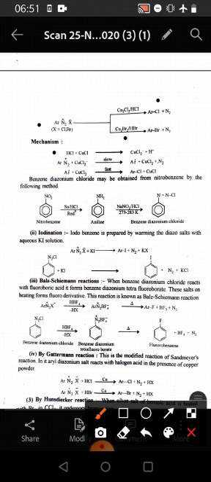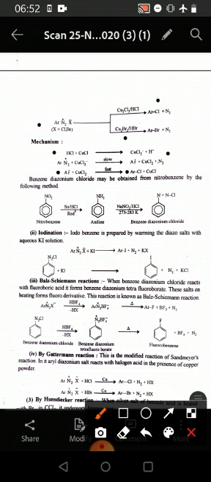If we see the mechanism, HCl reacts with CuCl to form CuCl2 minus and a proton, whereas ArN2 reacts with CuCl2 minus in the slow step to give Ar free radical, CuCl2 and N2, and this Ar free radical then reacts with CuCl2 to give ArCl and CuCl.